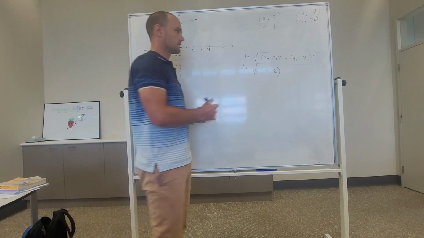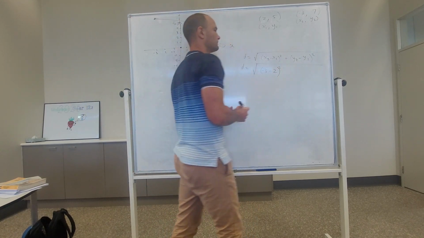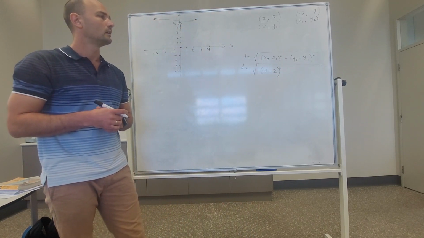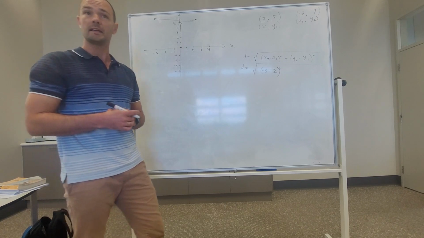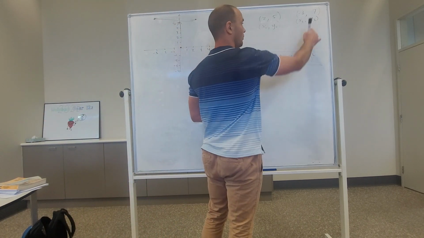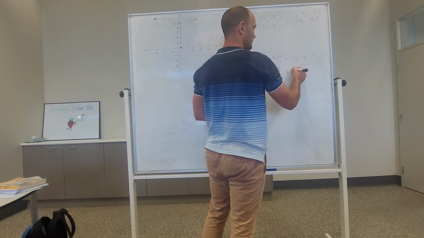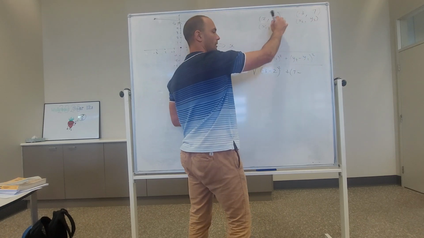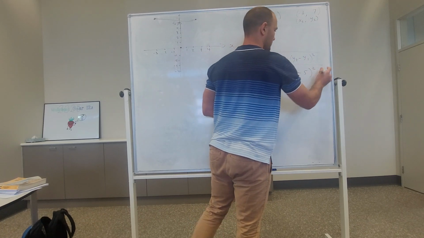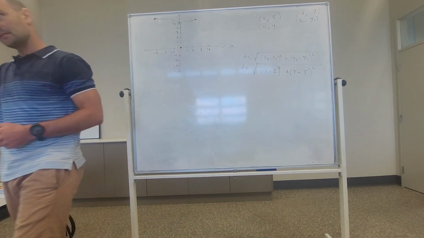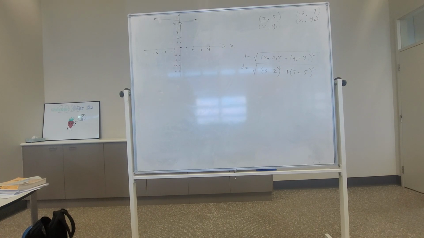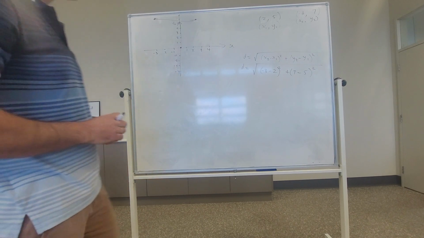And then that is squared. Okay, plus we're going to do y2, which is 7, take away y1, which is 5, close the brackets, and squared. All right, so very straightforward.